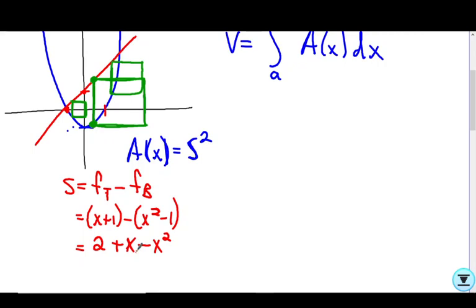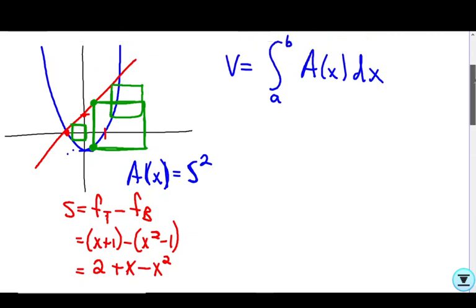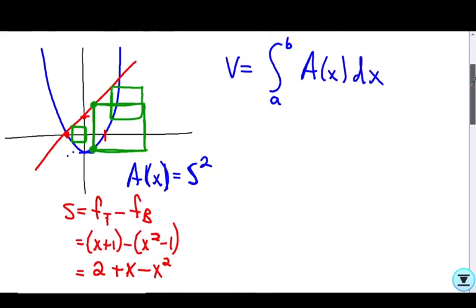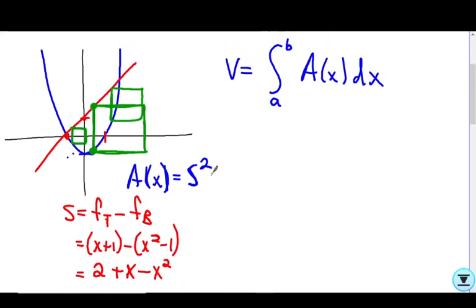Now, since my area is s squared dx, that's what I'm going to put in for A of x. So this is going to be 2 plus x minus x squared, squared. My volume starts here at -1 and ends right here at 2. Those are my limits.